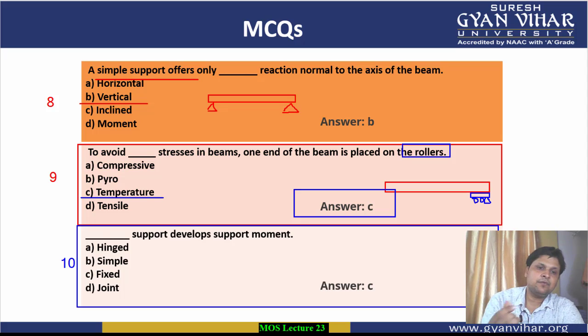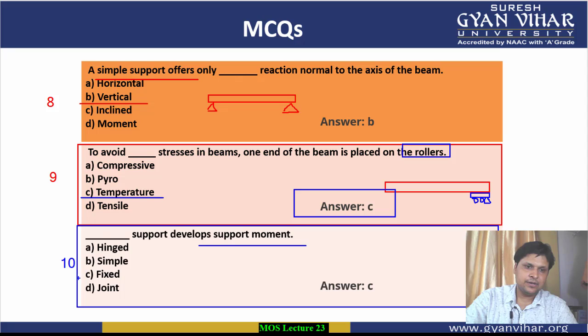In the case of a fixed support, you will get the support moment. So C is the correct option, students. So I have discussed all the multiple choice questions with you.